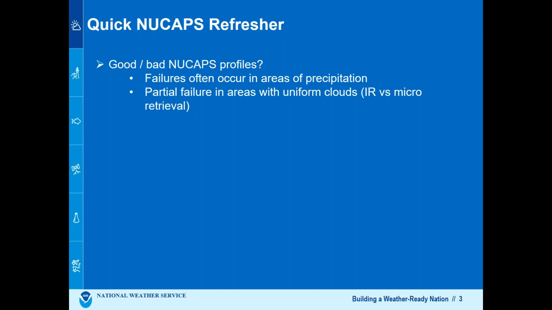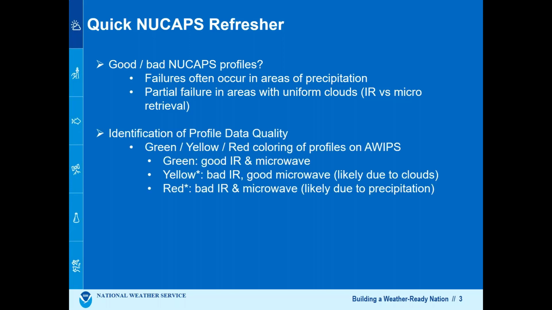And areas with precipitation start seeing some issues with the microwave retrievals. The quality of the data is very easily displayed, whether you're looking at it on AWIPS or through the internet. Red, yellow, green. Green data indicates good IR and microwave retrievals.